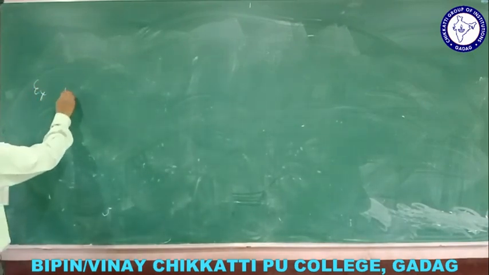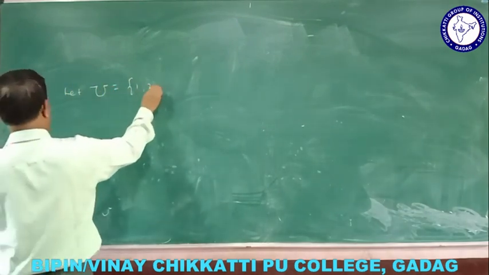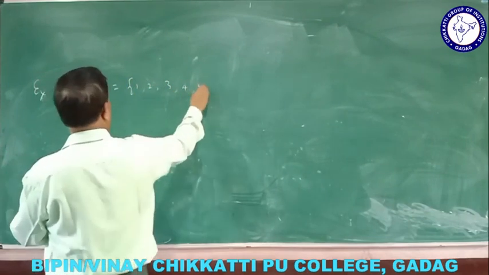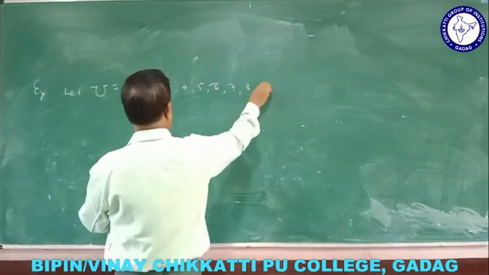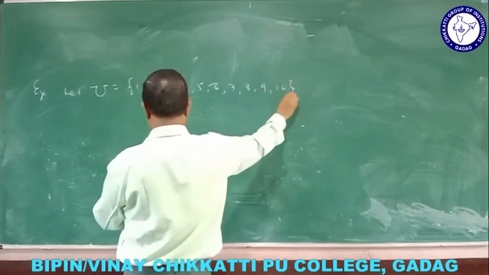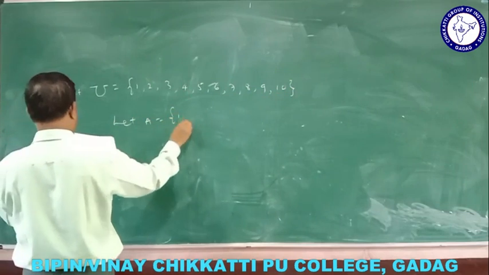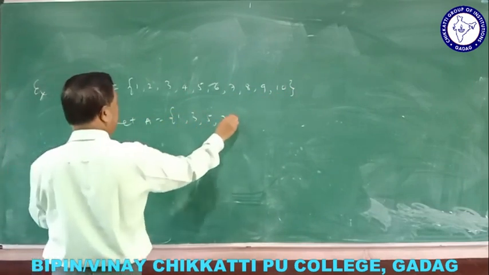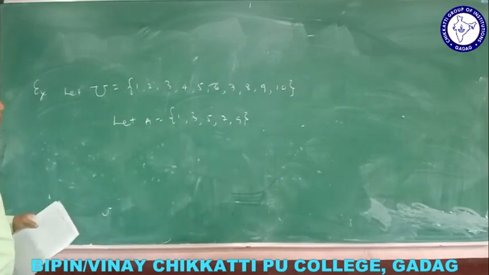See the example. Suppose let U is equal to 1, 2, 3, 4, 5, 6, 7, 8, 9, 10. Suppose let A is equal to 1, 3, 5, 7, 9. So you tell me what is the A complementation?